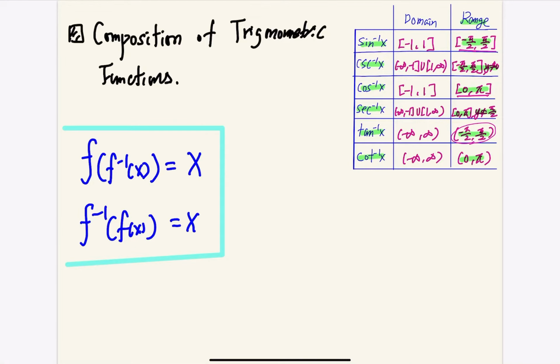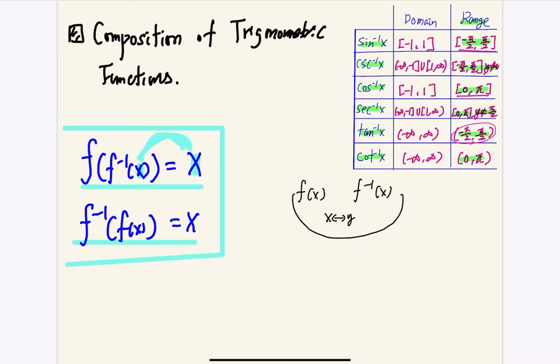Okay, let's talk about composition of trigonometric functions. In Algebra 1, we learned this. If f of x and f inverse of x are inverse functions of each other, by switching x and y, these two rules work. f of f inverse x is a composition function, and it is equal to x.